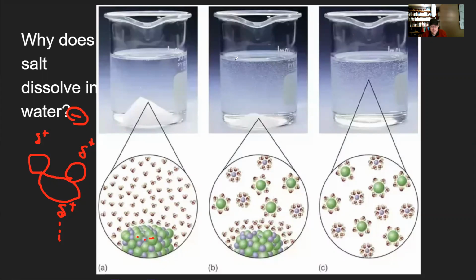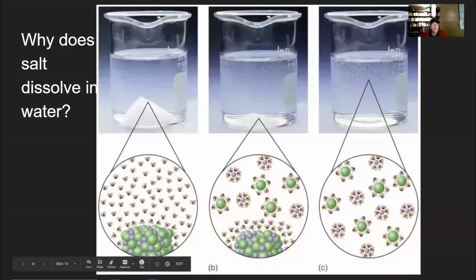But in this particular case of just salt and water, the water has the ability to pull the formula units of the salt crystal apart, surrounding the ions and separating them from each other. And when the substance is completely dissolved, you have the ions completely surrounded by water molecules.